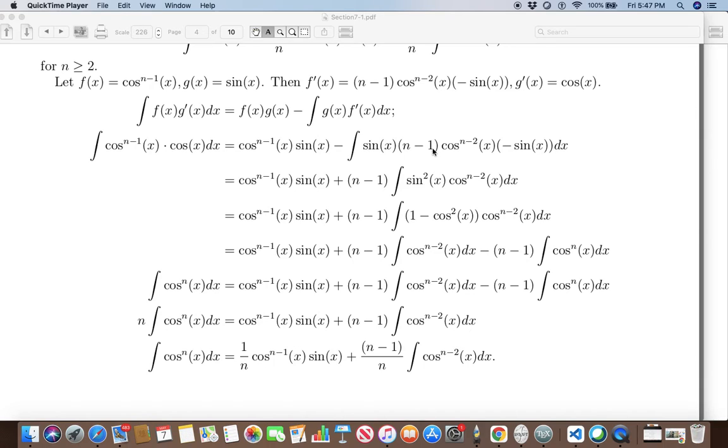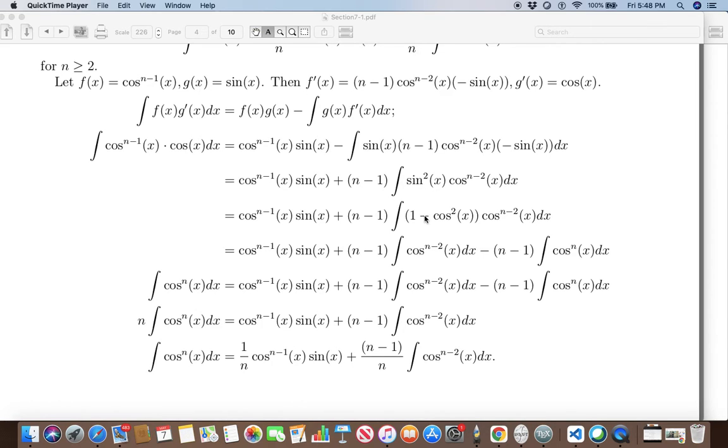The factor n minus 1, I can pull out because it's a constant. The integral of cosine n minus 1 times cosine is cosine n minus 1 sine plus n minus 1 times the integral of sine squared cosine n minus 2.